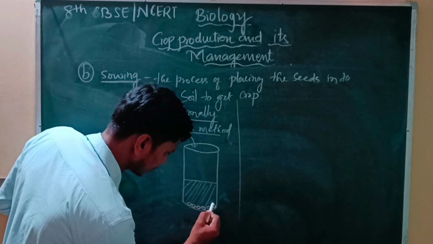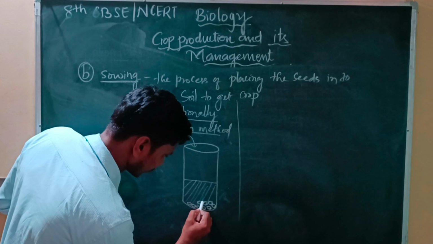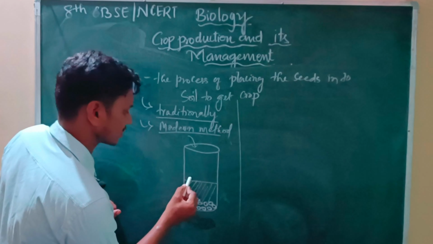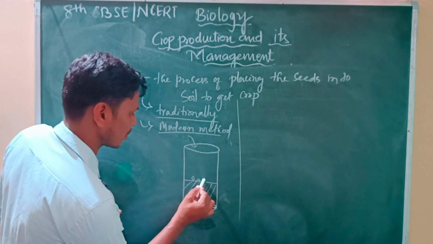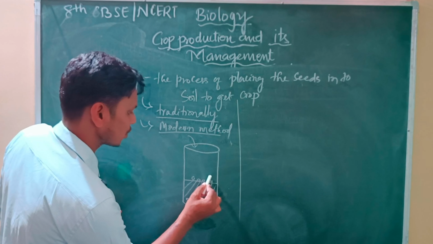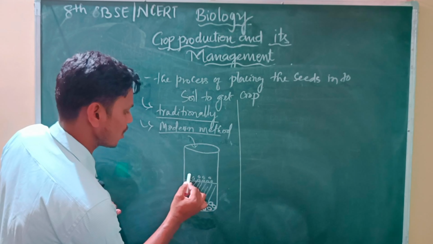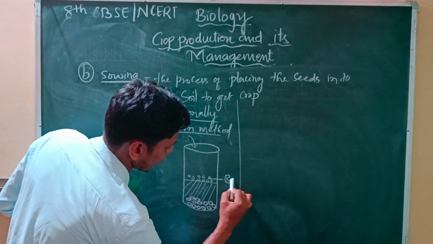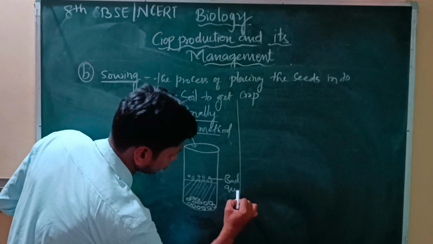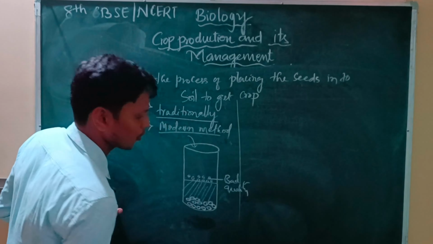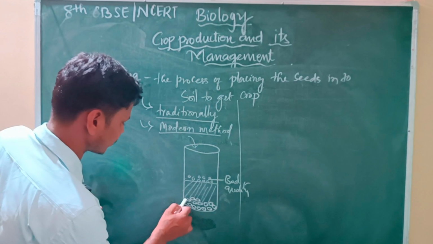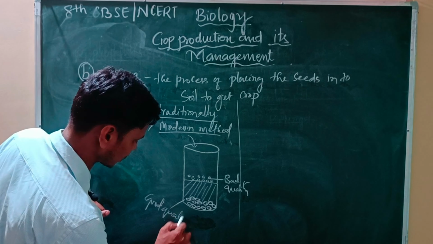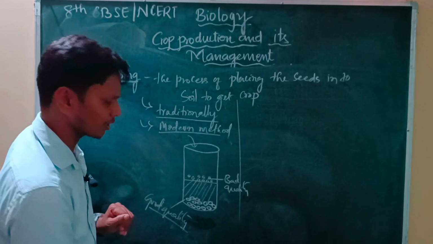The good quality seeds will settle at the bottom, whereas the damaged seeds or the bad quality seeds will float at the top, and the good quality seeds will settle at the bottom.